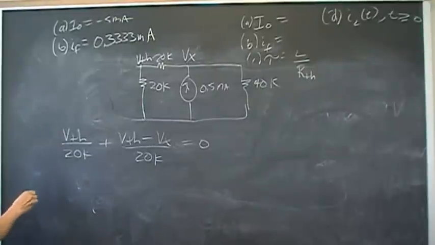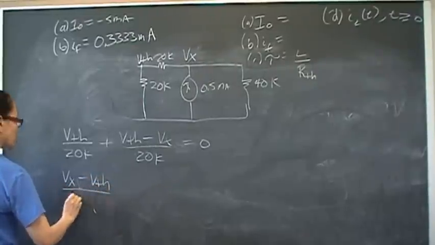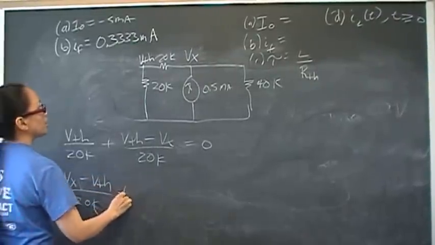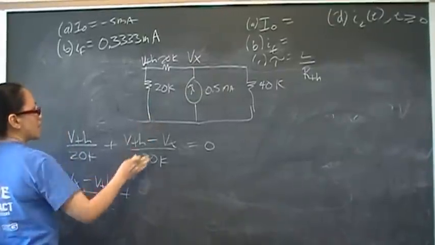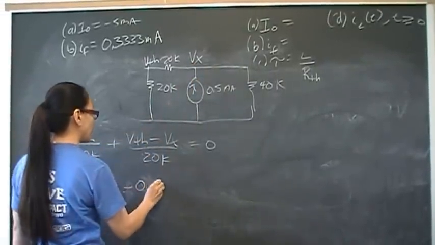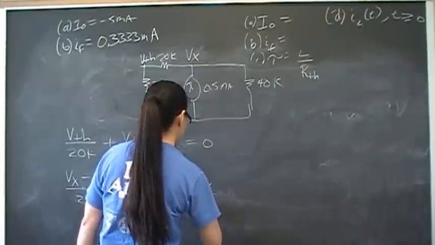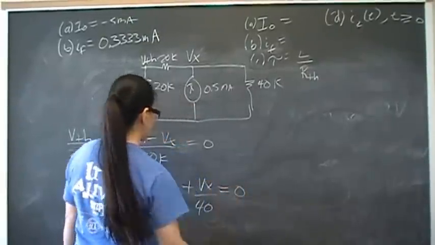Now the node voltage at Vx is Vx minus V Thevenin over 20K, minus 0.5 milliamps because we've got this current going into the node, plus Vx over 40K, all equal to 0.